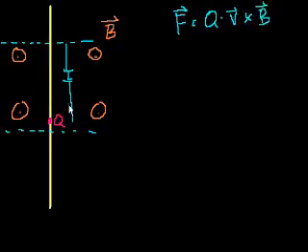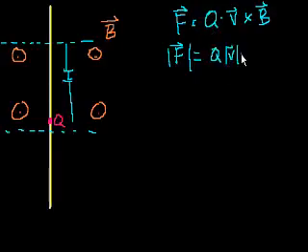If this wire is just stationary and there's no voltage across it, the velocity of this charge is going to be 0. So if the velocity is 0, we know that the magnitude of a cross product is the same thing as Q, that's just a scalar quantity, times the magnitude of the velocity times the magnitude of B times sine theta.